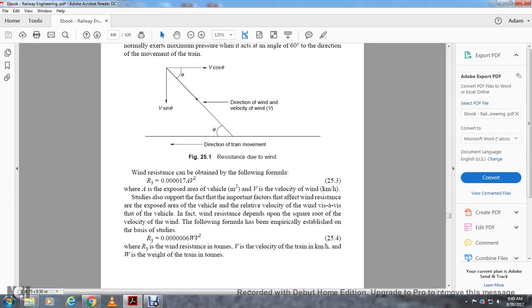The study also supports the important fact of the effect of wind resistance on the exposed area of the vehicle relative to the velocity of the wind and vice versa. In fact, the resistance depends on the square of the velocity of the wind. The following empirical formula is estimated on the basis of the study: R3, the wind resistance in tons, equals 0.0000006 W V squared, where V is the velocity of the train in kilometers per hour and W is the weight of the train in tons.